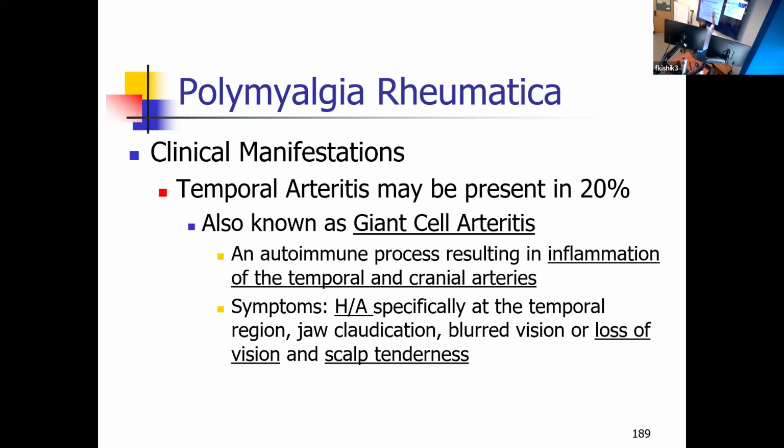We will come back to this in a later slide. But for right now, understand that patients who have polymyalgia rheumatica often have something called giant cell arteritis. What that simply is, is that arteries in certain areas of your body will get inflamed, and once they get inflamed, they will cause pain.